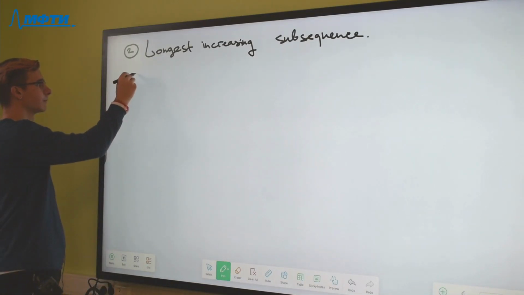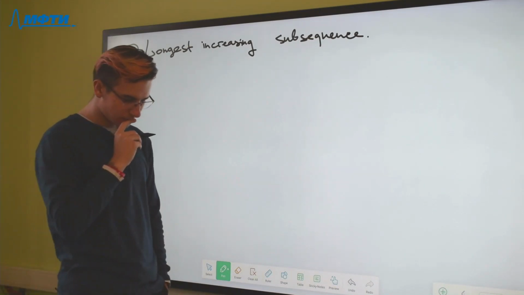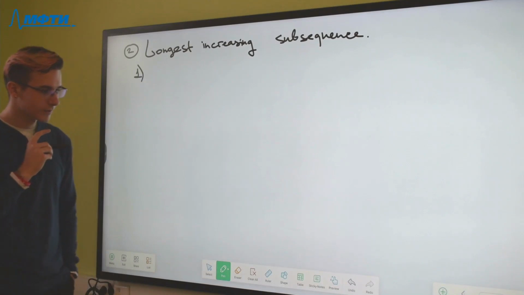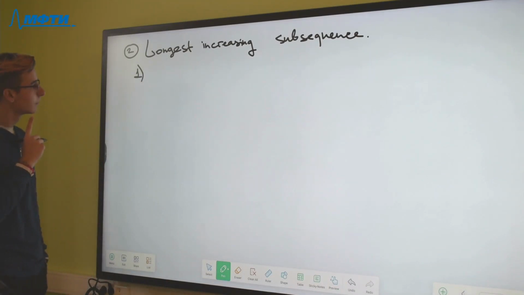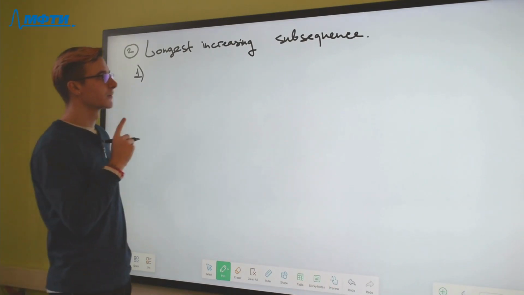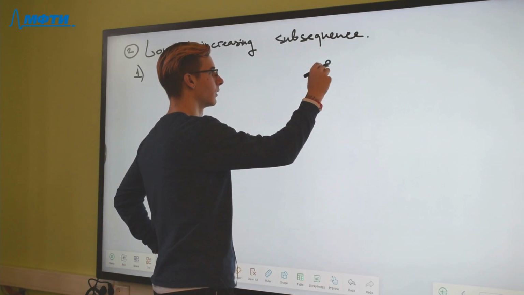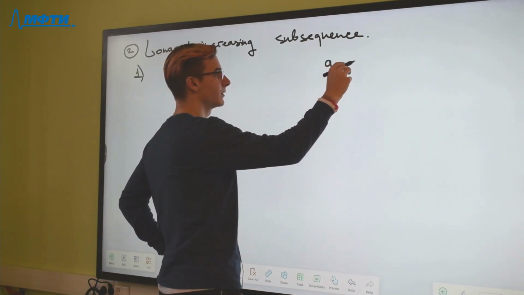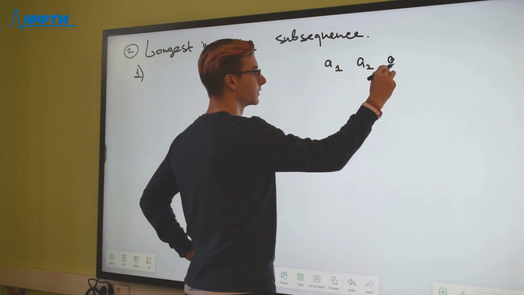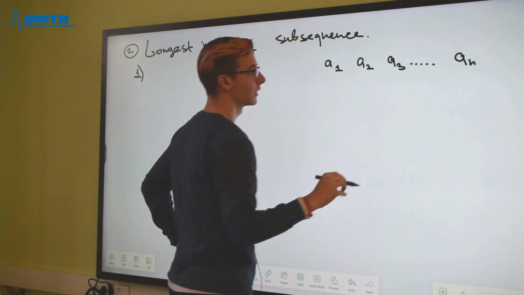Firstly, imagine that we have a sequence of integers: a with index 1, a with index 2, etc., a with index n.